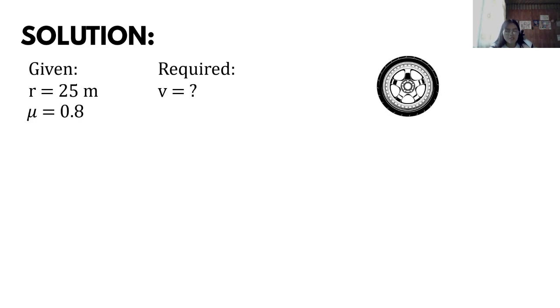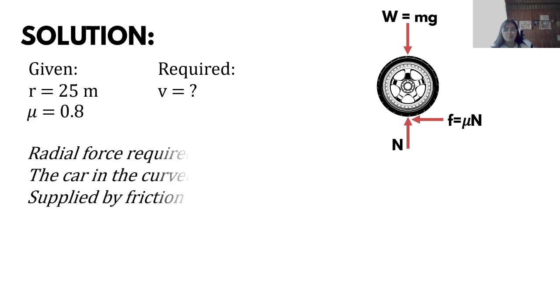So, consider the tire of the car. In its FBD, we have the downward force, which is the weight, or simply mass times gravity. And then the upward normal force, and the friction force, which is mu times n.